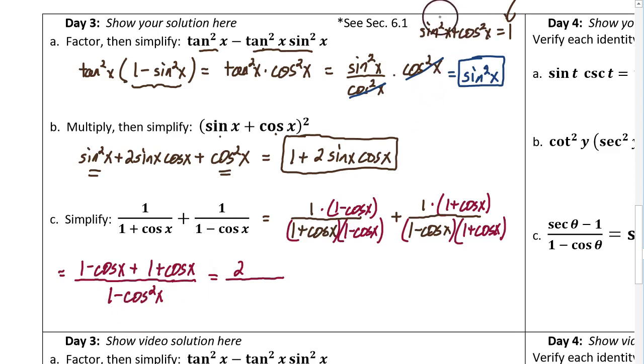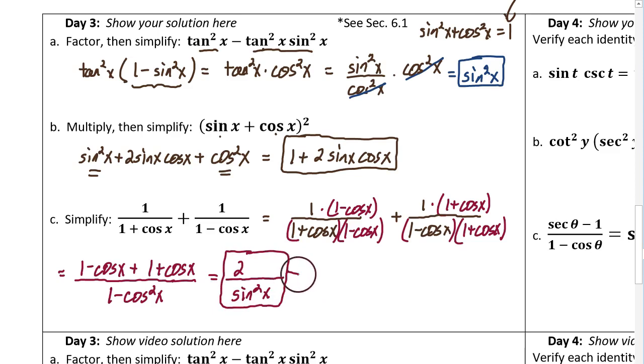I still have it written up here in the very top corner of the screen. What would happen if we subtracted the cosine squared x to the other side? It would say sine squared x equals 1 minus cosine squared x. So the 1 minus cosine squared can be replaced with sine squared x. Here is the answer.